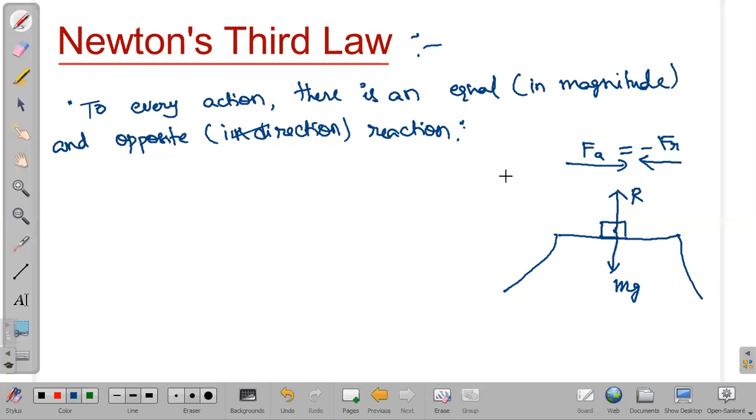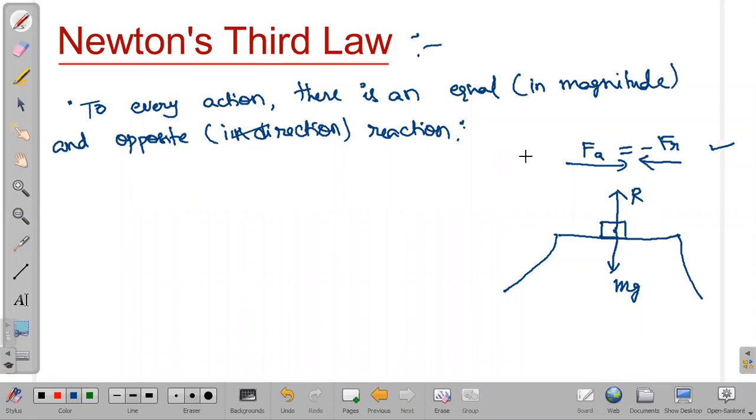Why does a rubber ball bounce back? Because it has an elastic nature. So this is balanced, whereas in some other case it is not balanced because some other extra forces are acting there. Now, while walking, what do we do?